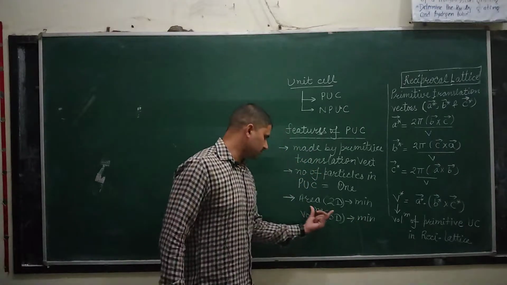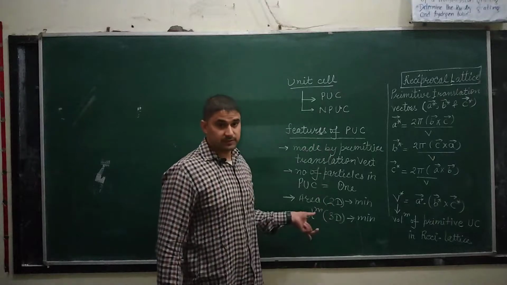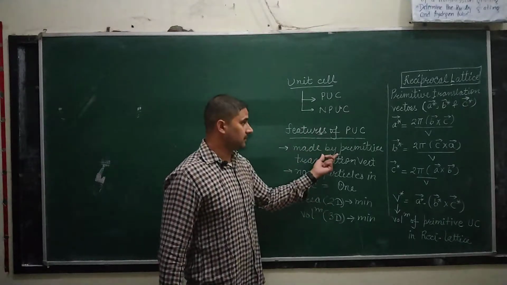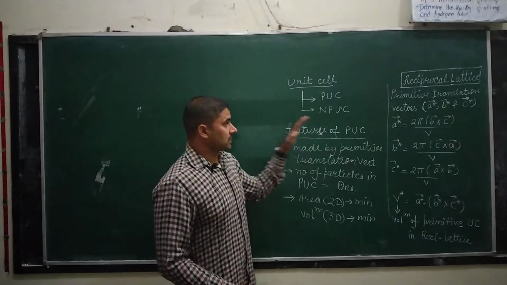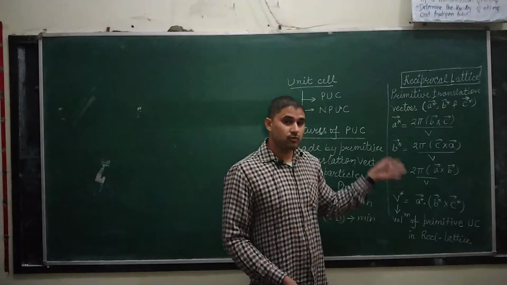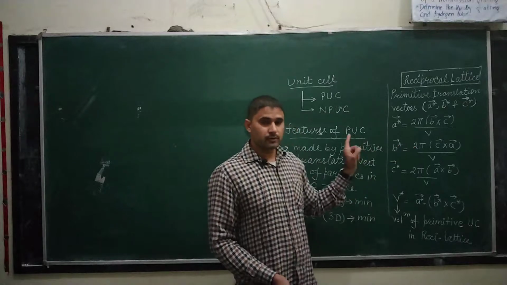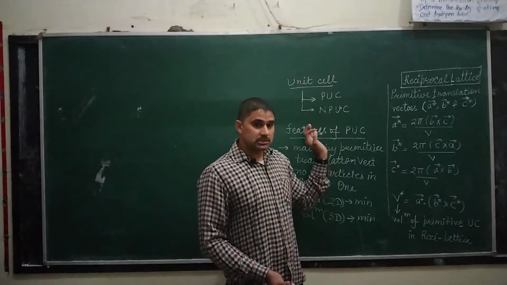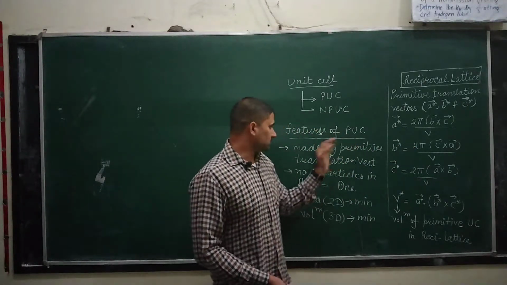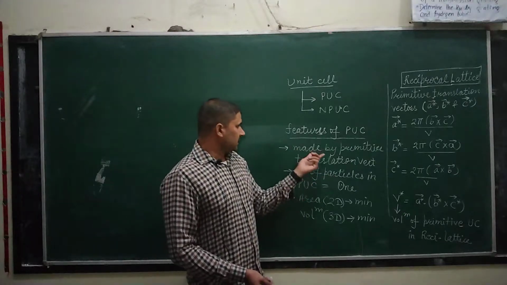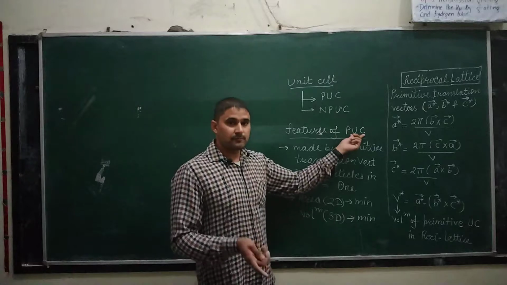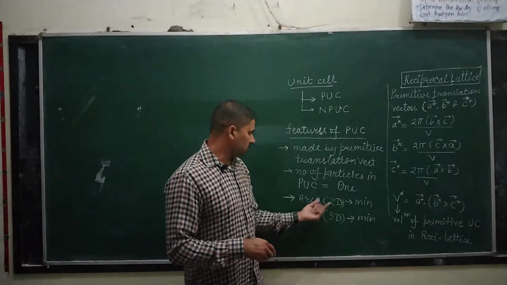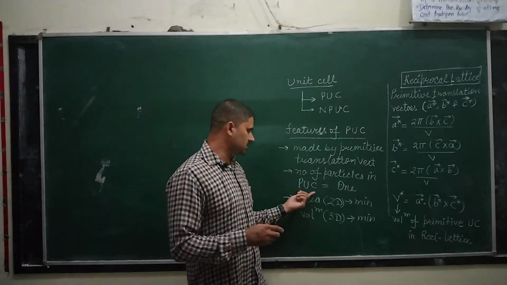So we will make use of all these features of the primitive unit cell to decide whether any translation vector is primitive or not. If a translation vector is primitive, then it will form a primitive unit cell.